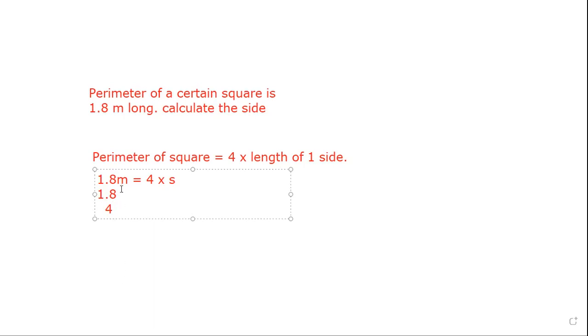That is equal to 4 multiplied by S, divided by 4. So I'm going to put a line to represent the division now. All right. So now we go into the next step.